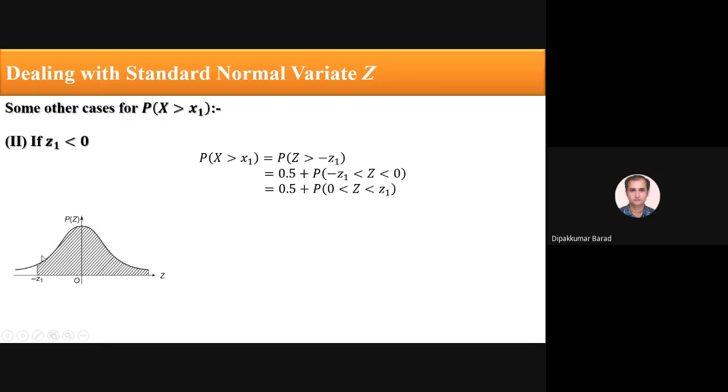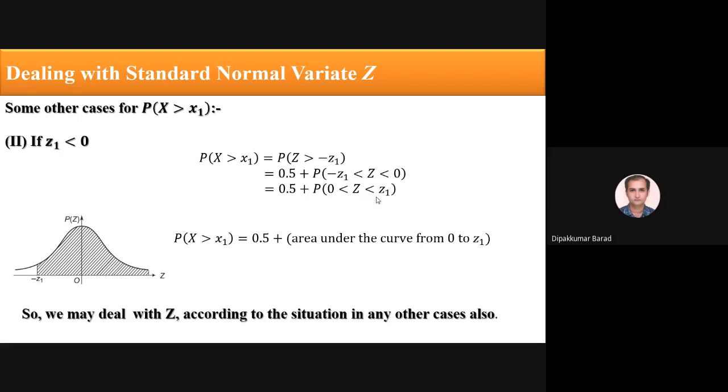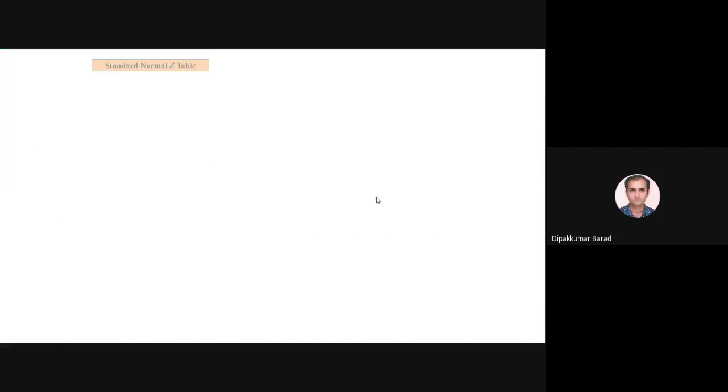Now we want to find this area only, but because of the symmetry, whatever area we get here is the same as between 0 and Z1. If I have minus Z1 here, similarly we get Z1 there. So we take 0.5 plus P of Z between minus Z1 and 0, which is the same as P of Z greater than 0 and less than Z1. So we may deal with Z according to the situation in other cases also.